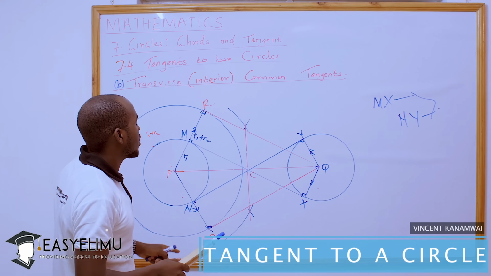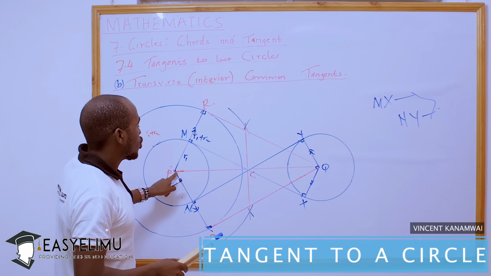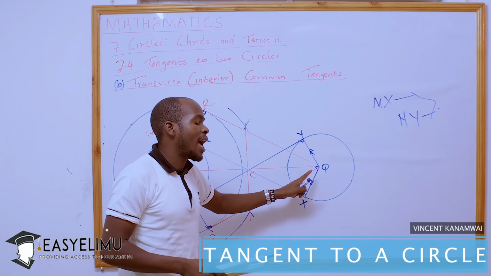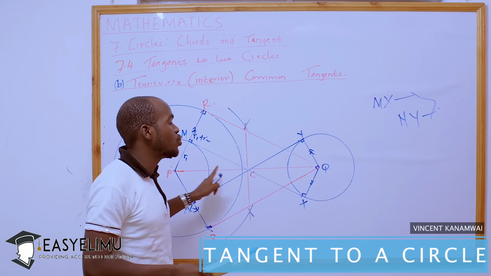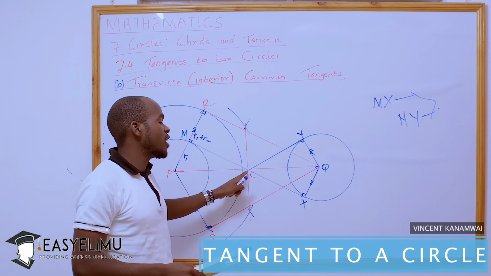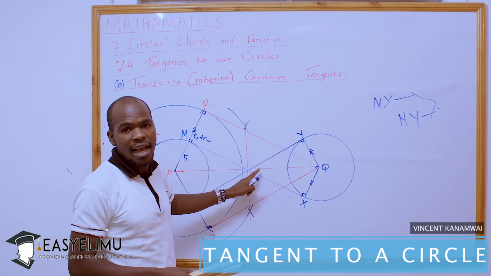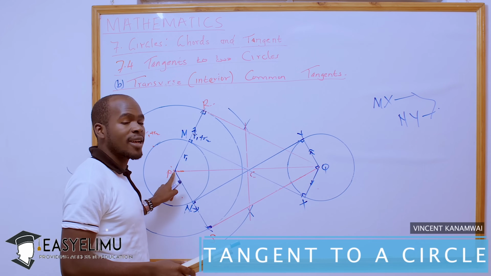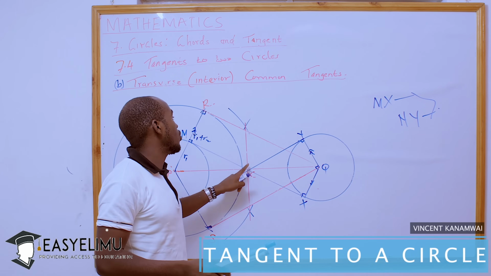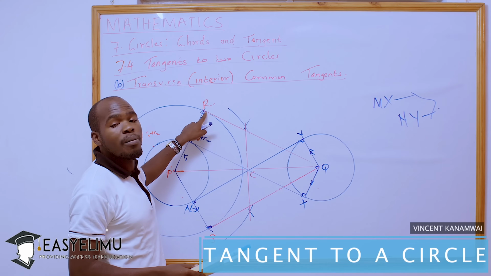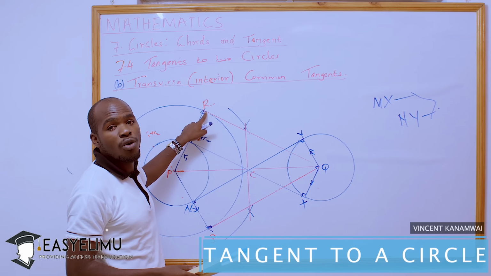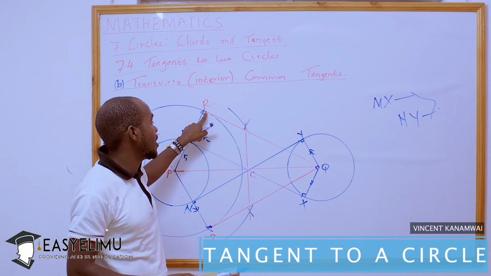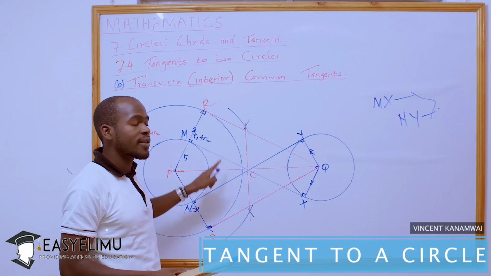After drawing that, construct a perpendicular bisector to the line which you have joined the two centers with. Using the point where they intersect as your center, use that as the radius from the first center, and then cut an arc to the circle of radius 4 centimeters, on both sides.